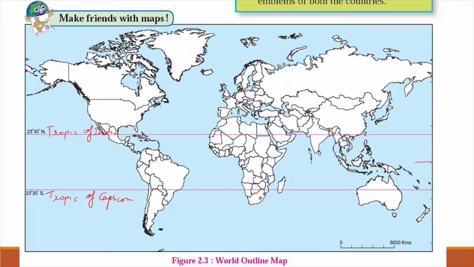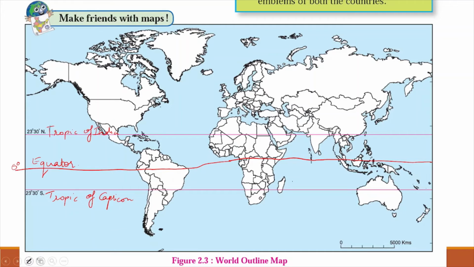This line over here that passes through Southeast Asia below India, across Africa, passing through Brazil, this line is the 0 degree, known as the equator.